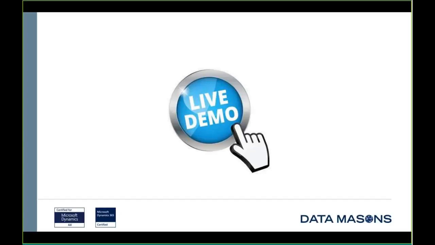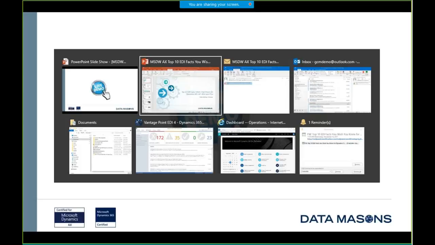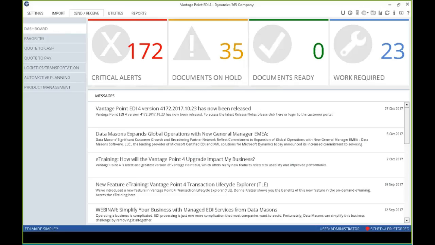So with that, I know that some organizations are looking at what they're doing with their EDI strategy as far as AX and D365 is concerned. And so I thought today we would share with you what our solution and our platform looks like for Dynamics AX and Dynamics 365.